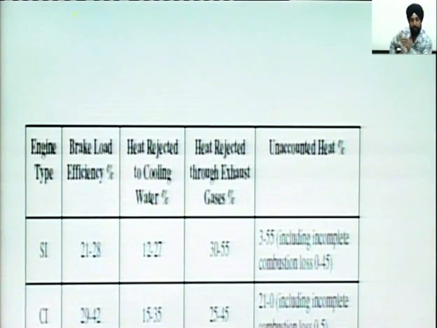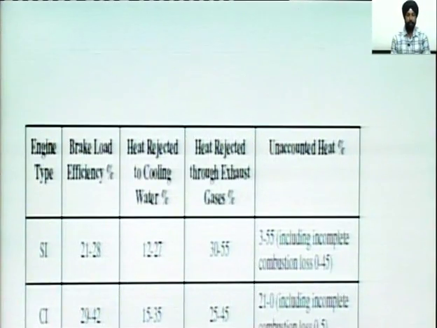That is the amount of the supplied energy which has been converted into useful work. Then the heat rejected to the cooling water for the SI engine may range up to 27%, and heat rejected to the exhaust gases may range from 30 to 55%. Unaccounted losses for a petrol engine range from 3 to 5.5%, including incomplete combustion loss.